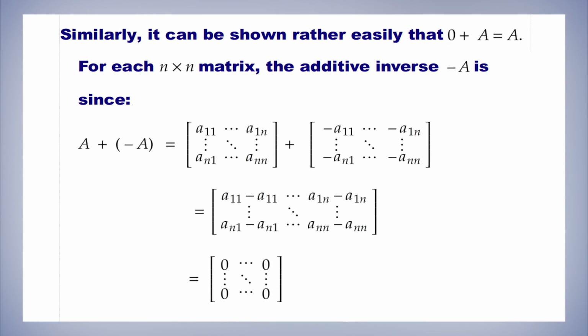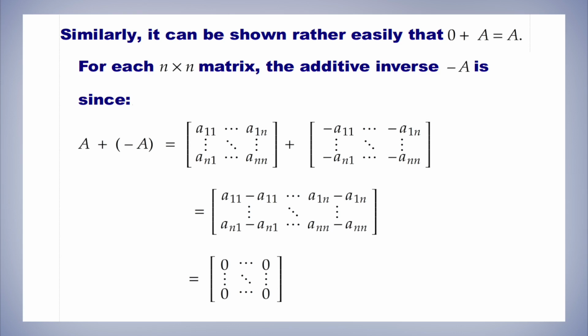Similarly, it can be shown rather easily that 0 plus A is equal to A. For each n by n matrix, the additive inverse is minus A, since A plus minus A is equal to, the A is A11, A12 and so on A1n, and like this AN1, AN2 and so on ANN. Here the matrix minus A will be written as minus A11, minus A12 and so on minus A1n, like this minus AN1, minus AN2 and so on minus ANN.